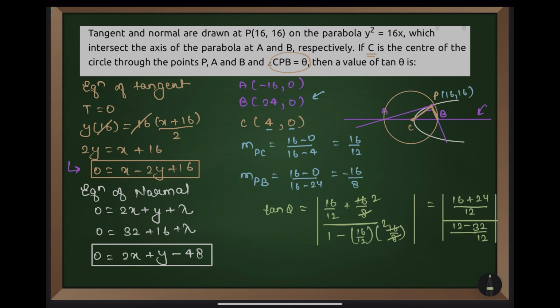Correct. It is just simple calculation, and this thing will vanish. So we will be left with 40 by minus 20, but you are dealing with mod, so it doesn't matter. So you will have 2. So the value of tan theta becomes 2. I hope you got the approach.